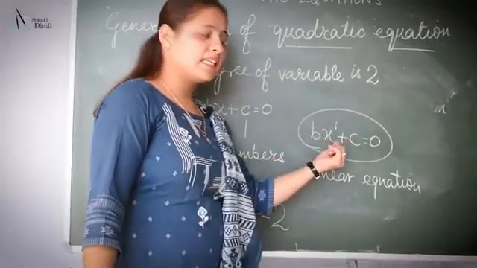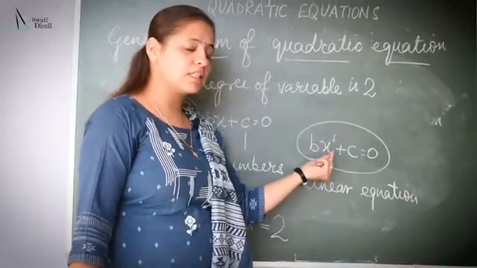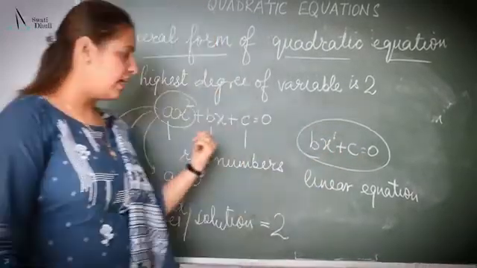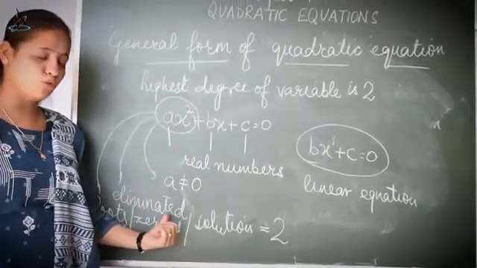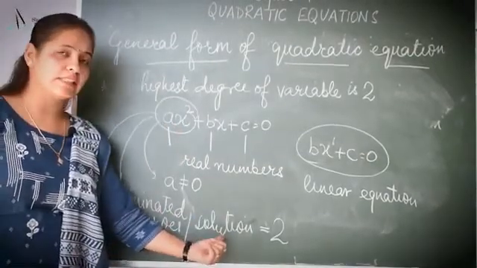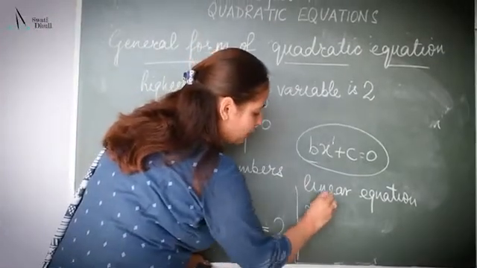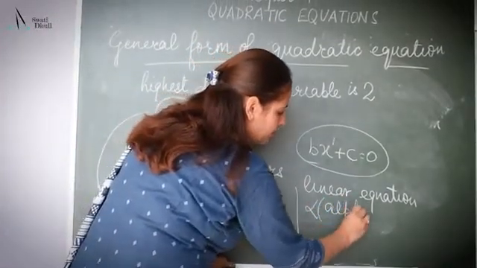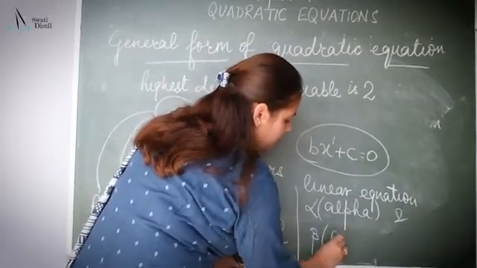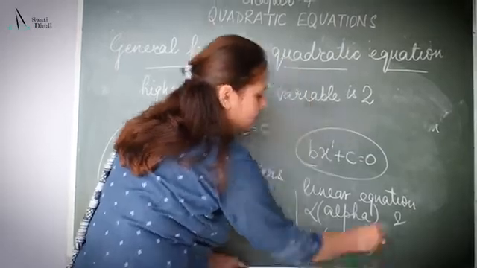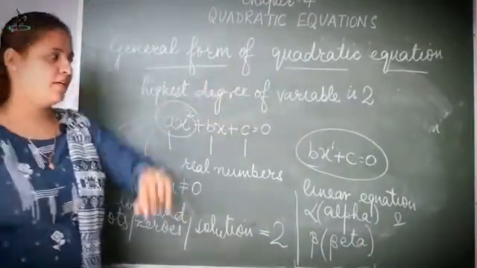In a linear equation, the highest degree is 1, so the solution will be only 1. For the quadratic equation, there will be two roots or zeros, which we call alpha and beta. So this was all about the general form of quadratic equation.